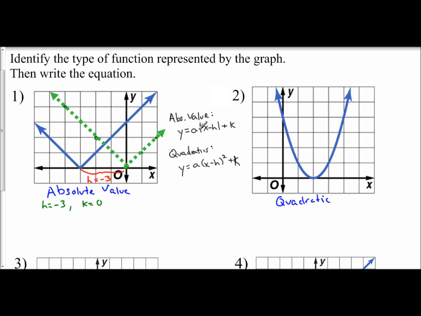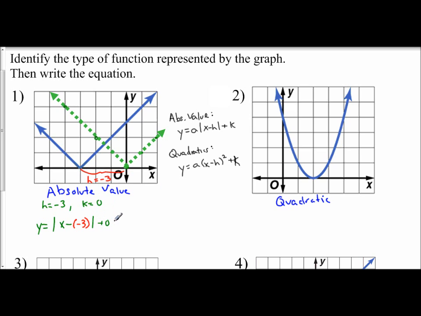And so when I plug these into my absolute value equation, I get y equals, we're not worrying about A, so we just have the absolute value. It's x minus, and our H value, we're saying is negative 3. So I'm subtracting a negative 3. And then I have my absolute value plus K, and K is 0.